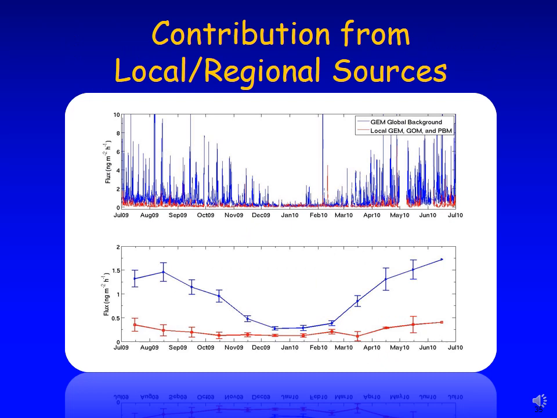So it's actually possible to apportion the amount of mercury that's being deposited to the surface due to the global background concentration of gaseous elemental mercury and local and regional sources of all of the other mercury: gaseous elemental mercury from local sources, the reactive gaseous mercury from the water-soluble mercury, and the particulate mercury.